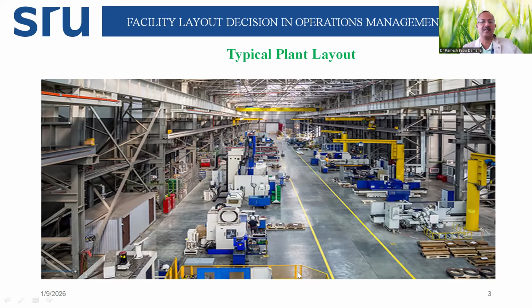Now let us see in this picture image, machines are arranged on the floor in a row. Another set of machines are arranged in a row. There's an aisle space on the floor marked with a yellow line for movement of material handling equipment like forklifts, movement of materials, and people. And all the support services are built around this.